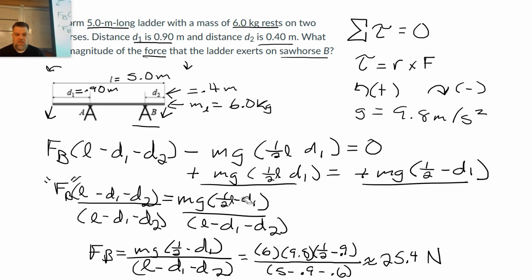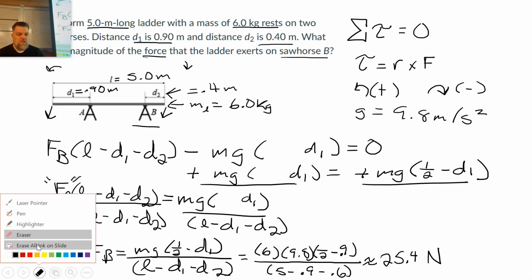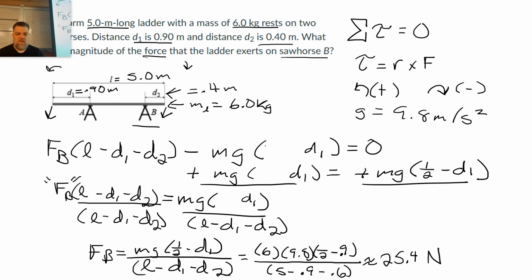That should go, that should go. So make sure that you make these changes. It should be 1/2 L minus D1, 1/2 times L minus D1. And way down here, this would just be 5/2, 5 divided by 2, because L is equal to 5.